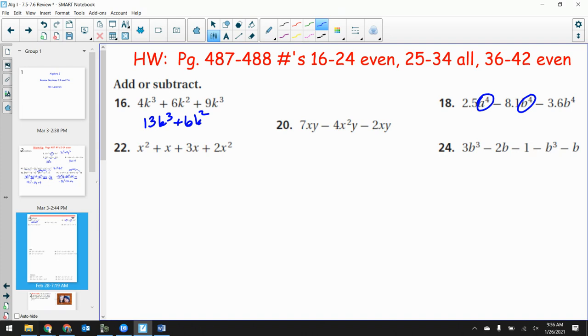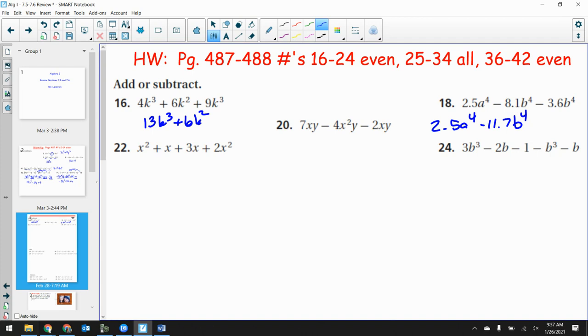Good. You leave the A's and B's separate. 2.5 a to the fourth minus 11.7 b to the fourth. Good. Is there any such thing as standard form in that problem? No. Because it's got two variables.